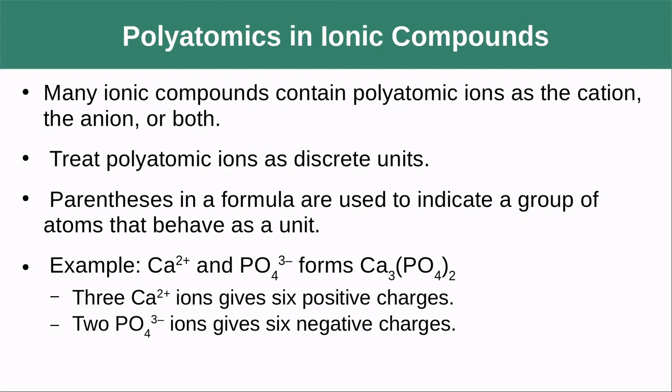Our example here is calcium phosphate. Calcium is a +2. We're going to need 3 of those in order to give us a +6. We're going to counterbalance that with 2 phosphate polyatomics to give us a -6 so that we get our neutral species. And we're going to put these parentheses around the phosphates to indicate that those are all working together as one unit.